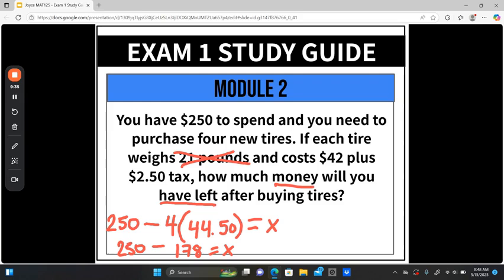And I like our problem a whole lot better now. All we have to do is subtract. And 250 minus 178 gives us x equals 72. Perfect, and that's going to be $72. This is going to be the amount of money we have left after buying the 4 new tires.